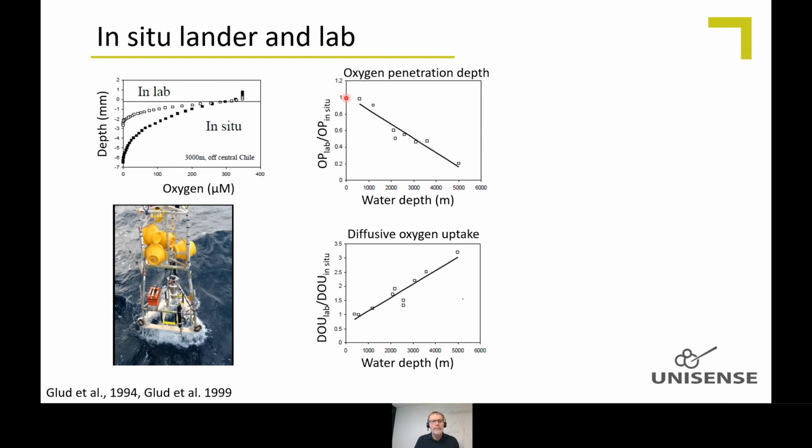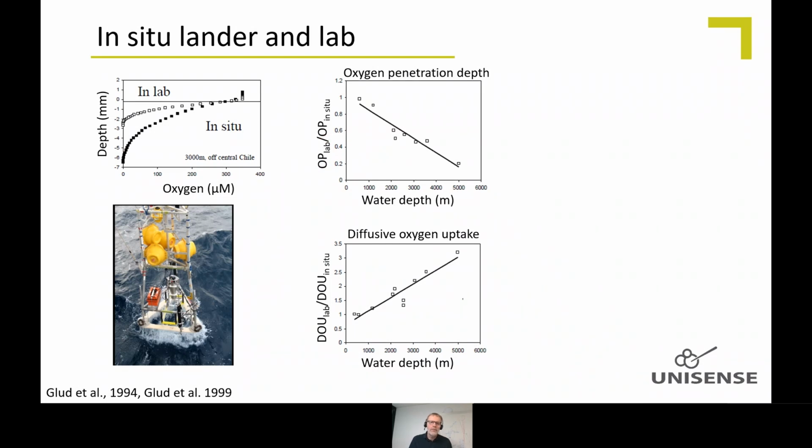They did this more systematically and sampled a lot of different stations at different depths. And they found this ratio, the oxygen penetration in the lab relative to the oxygen penetration in situ. In shallow waters, you get the same, but if you go deep at 5 kilometers, for example, there's a factor of 5 difference. So you get only 20% oxygen penetration in the lab compared to the in situ one. So this is very much in line with the examples over here.